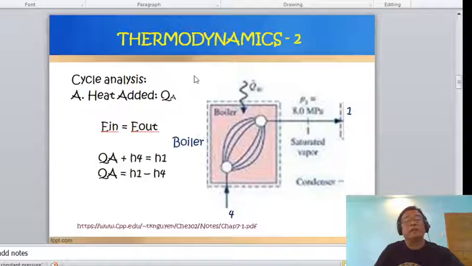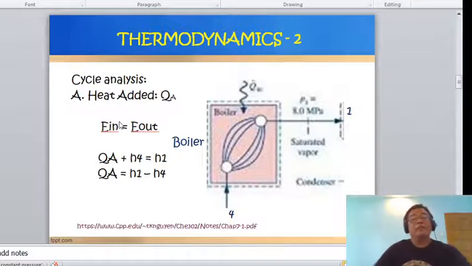Okay. So first we are going to isolate the boiler. So we are going to detach the boiler, of course, from the system. So the heat added, class, in the boiler, of course, is also a function of the heating value of the fuel and, of course, the mass of the fuel fed to the boiler, or to the furnace rather.